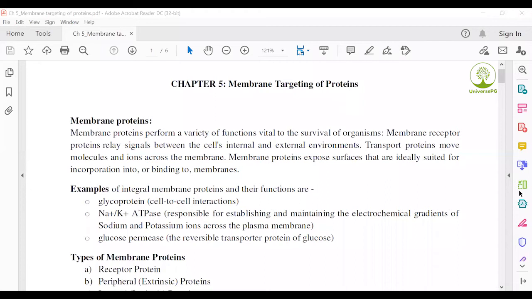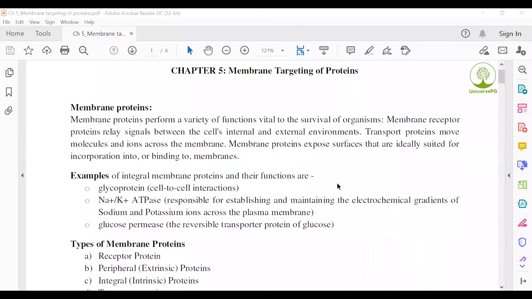Examples of integral membrane proteins and their functions. Membrane proteins are of different types. Integral membrane protein, first example, glycoprotein. The function of glycoprotein is cell to cell interaction.